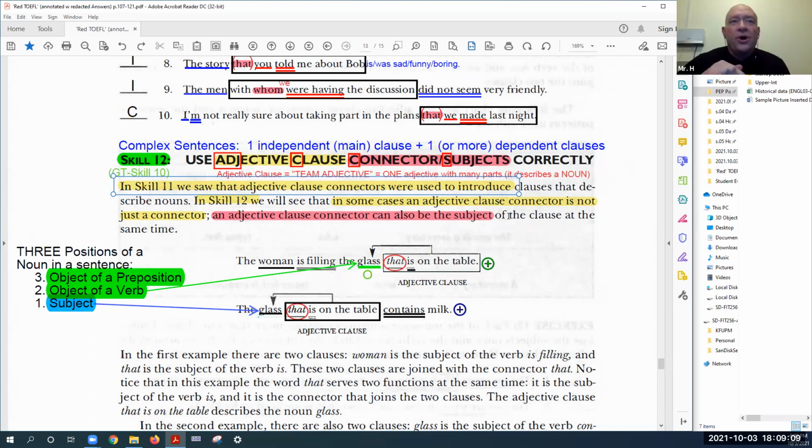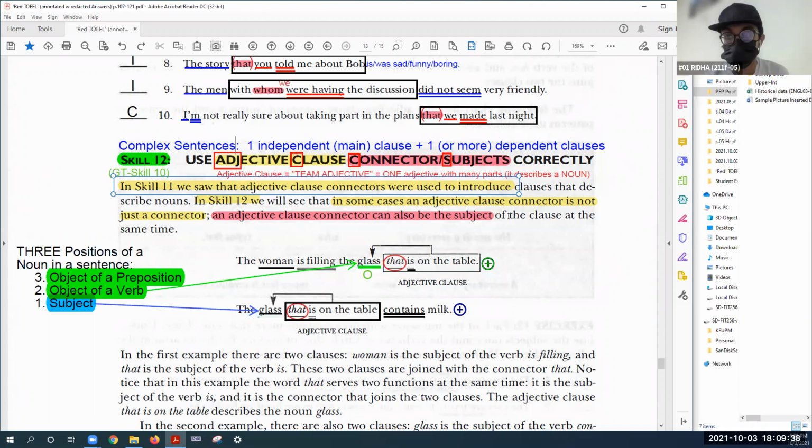So the connector will just introduce the clause, meaning it comes at the beginning and starts the clause.